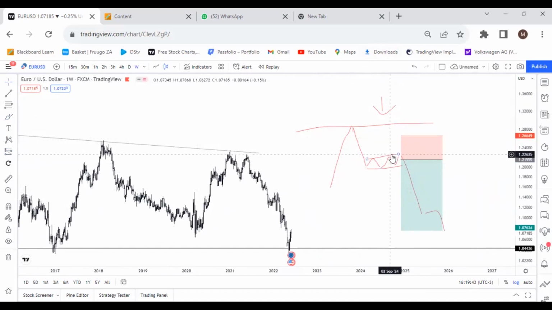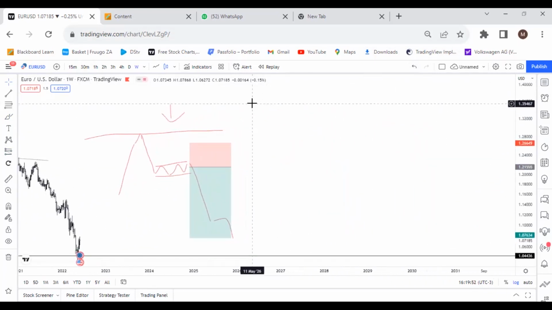So you have so much confluence for you to sell. So this is the first scenario.